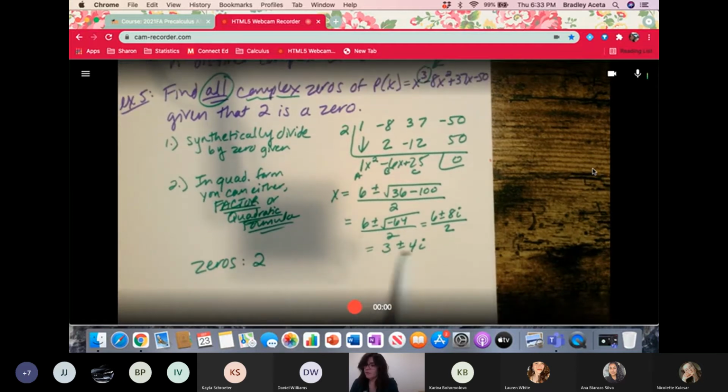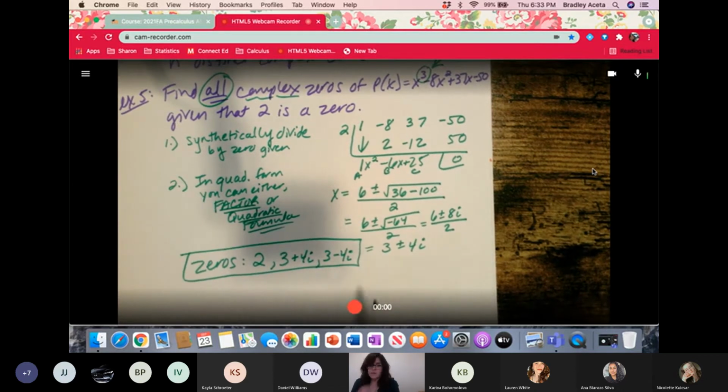The other 2 are right in here. 3 plus 4i, and then 3 minus 4i. Notice there's that conjugate theorem coming up again, because if you got one, you must have both. Okay, so there's an example of finding complex zeros given one of them.